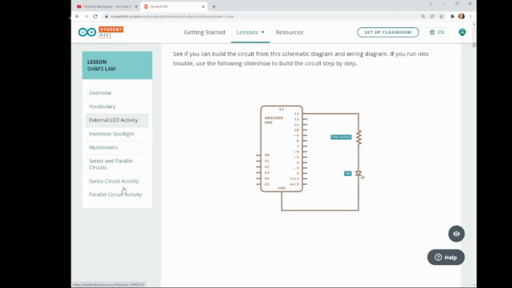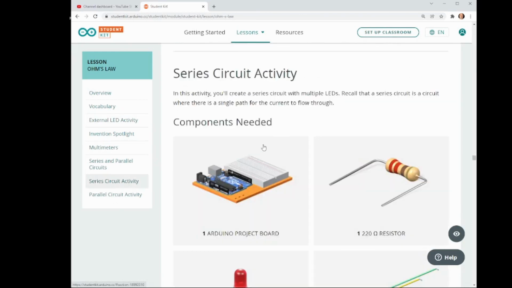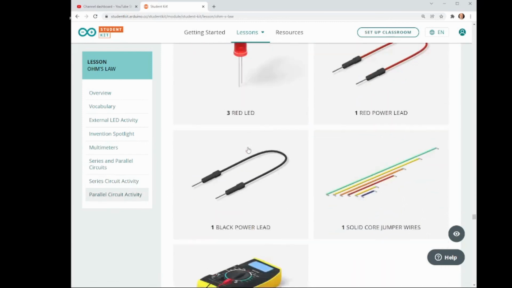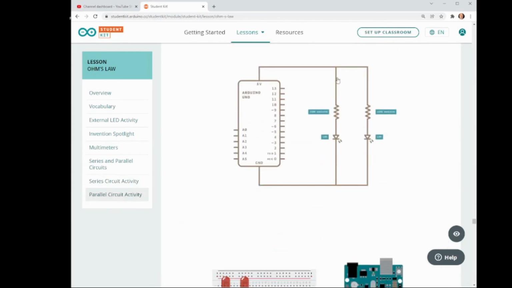Down at the end, there are 2 more activities. A series circuit activity. Again, here's what the schematic looks like for that. And then a parallel circuit activity. You can see how it looks different because they're in parallel. So those are those 3 activities for you to do on the student website.